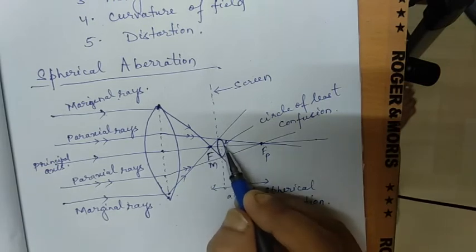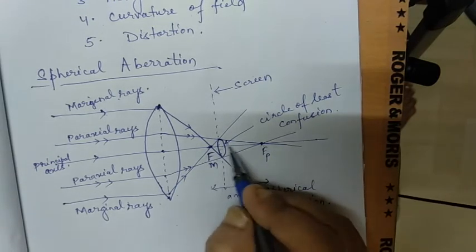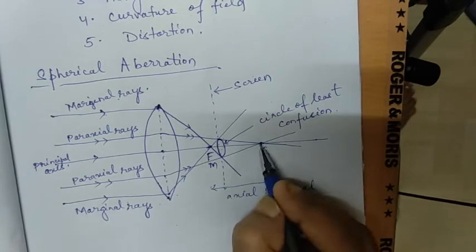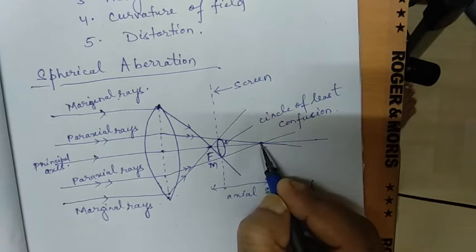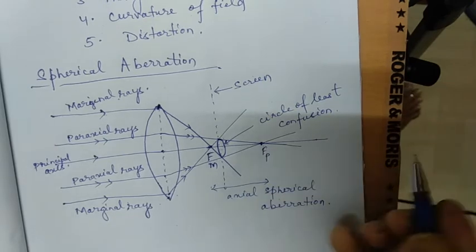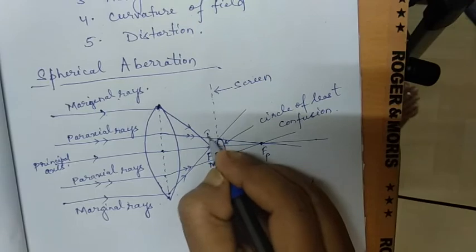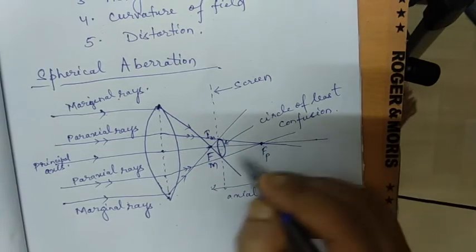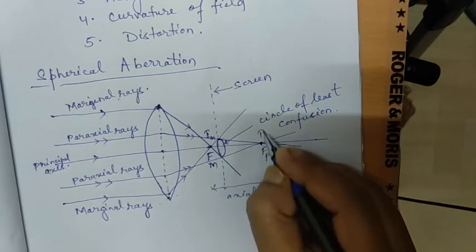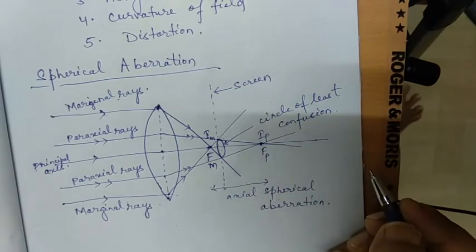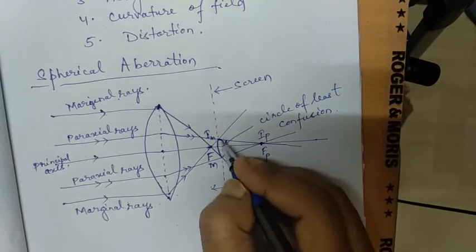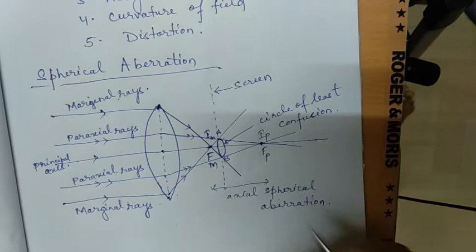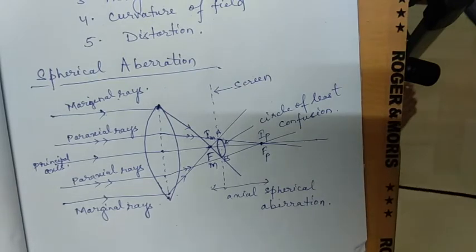So it is maximum at this point and minimum at these 2 points. Let's say this is IM, the image formed at focus FM, and this is the image formed at focus FP, and let's say this circular disc is named A and B, called the circle of least confusion.